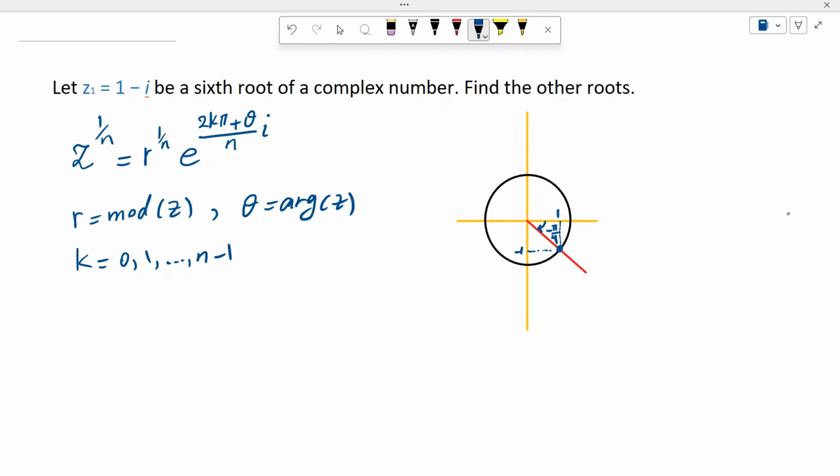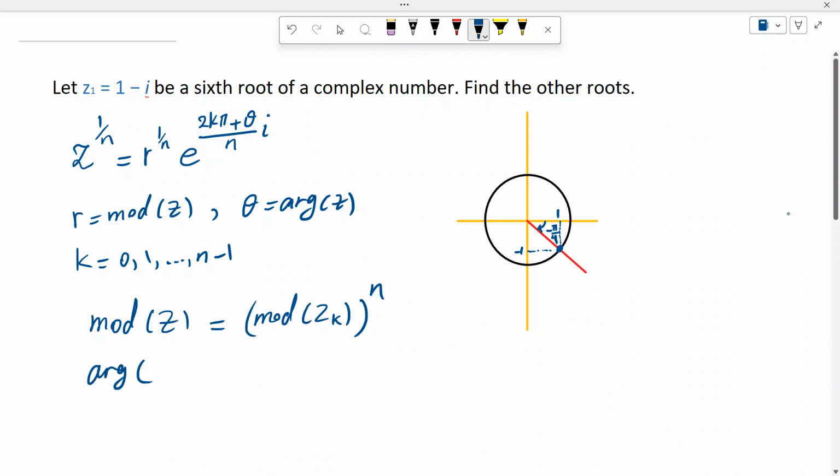It means that mod z is equal to mod z_k, any of those nth roots, to the nth power, and arg z is n times arg z_k, if z_k is one of these nth roots.